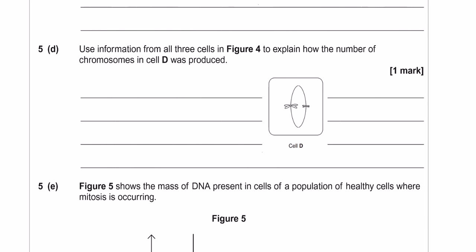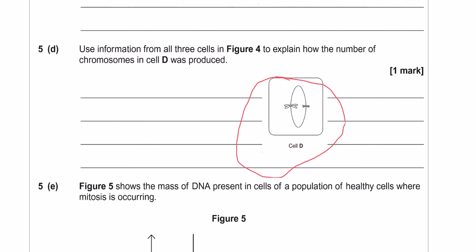Okay, for 1 mark next, it says use the information in figure 4 to explain how the number of chromosomes in cell D was produced. Well, if we look at cell D, you can see that there seems to be half the number of chromosomes. So basically what's happened is there's been separation.